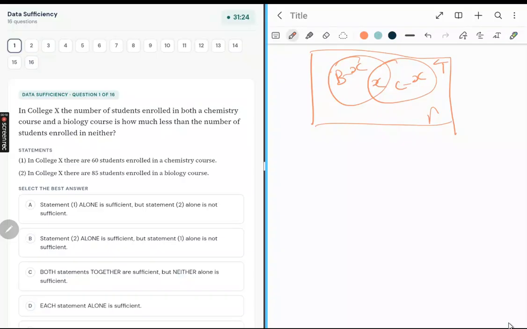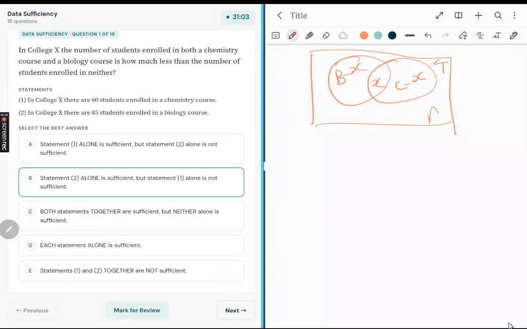So 60 students enrolled in chemistry cannot help us to know the neither and the both. Even when we combine the same thing with statement 2, statement 1 is not sufficient alone, statement 2 is also not sufficient.